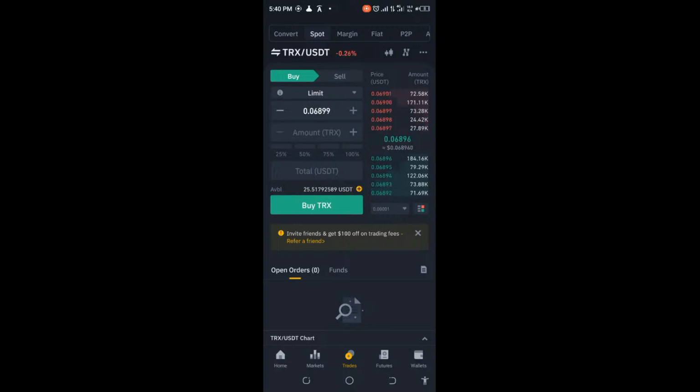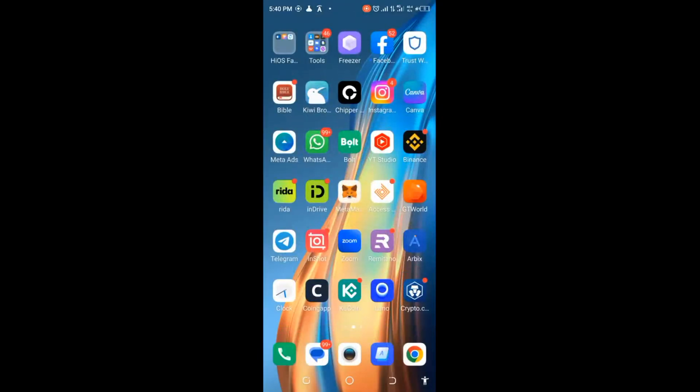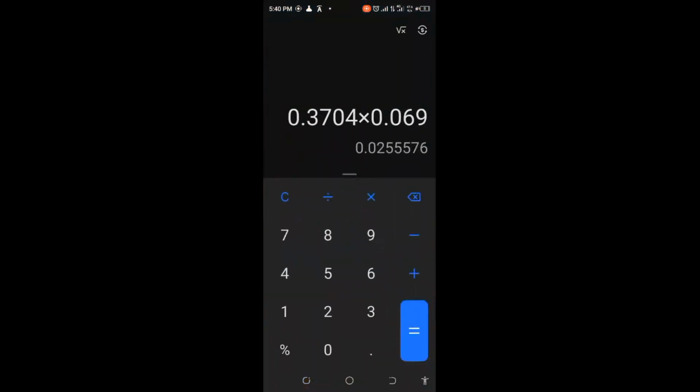So what was our profit supposed to have been? 25.51 minus 25.44, so this is 7 cents. So we will now include plus 10 cents. It would have been 17 cents, right?